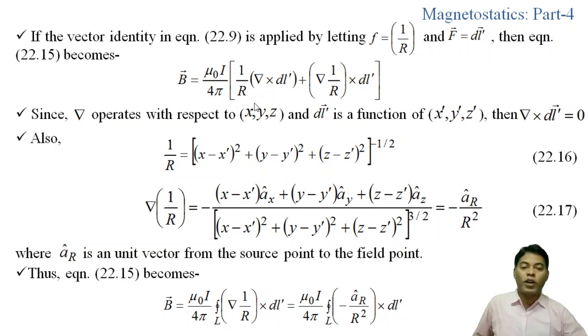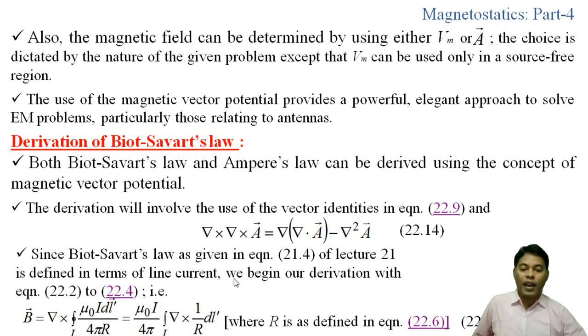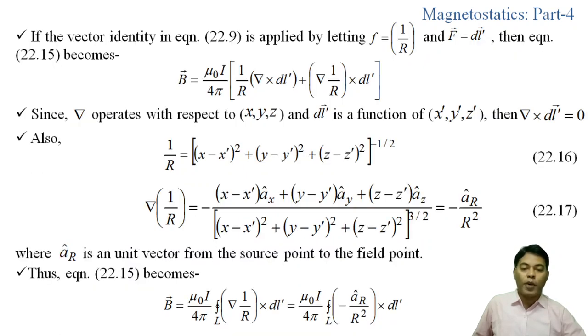So finally B, the magnetic flux density, becomes equal to mu naught I by 4 pi times the line integral of 1 by r grad cross dl prime plus grad (1 by r) cross dl prime.